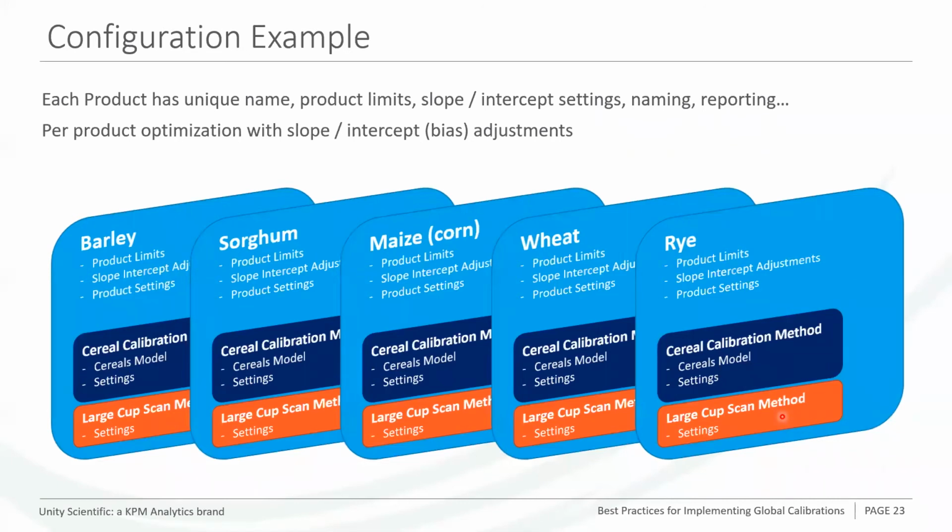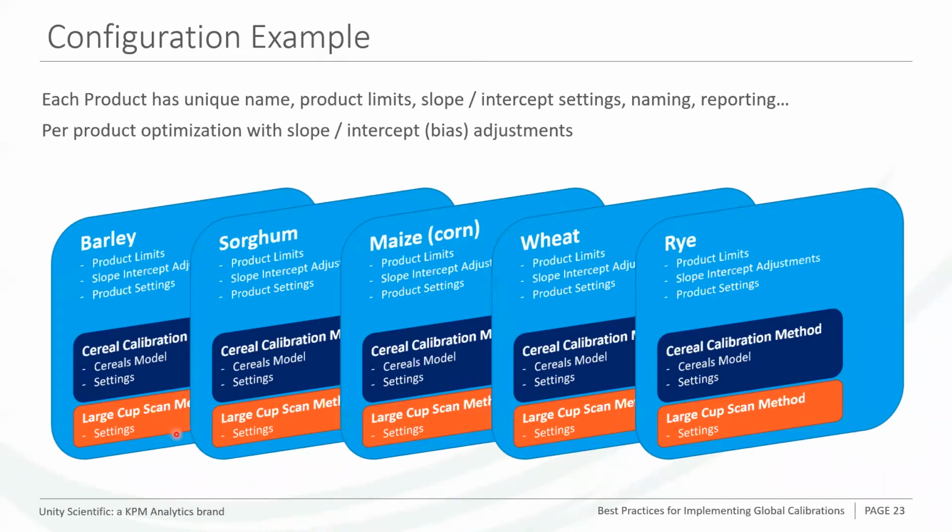So number one, this is great to set up. It's very easy to set up and organize in the software, but it's also very nice to maintain going forward. Because if for some reason I decide that I want to analyze my samples differently, I can change the scan method and all of the products get updated automatically.